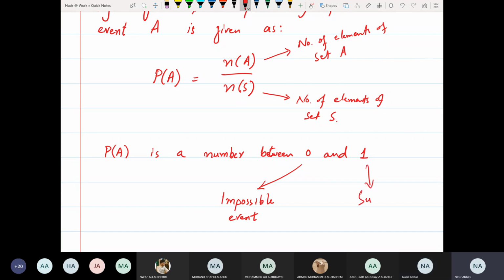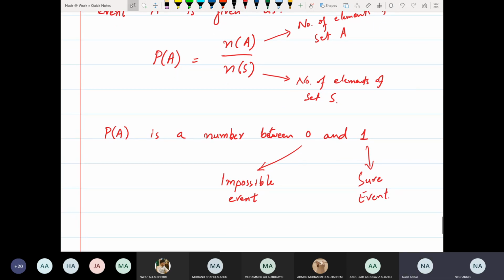A sure event. These are two extreme values of P of A, where you will find no uncertainty.